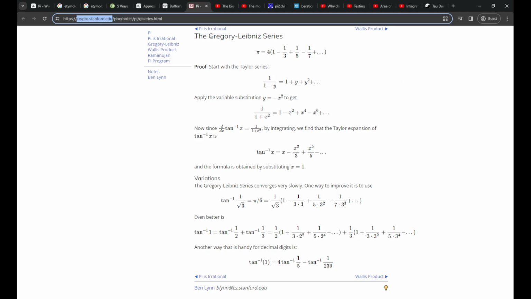So here's the Gregory-Leibniz series formula. And it starts with the Taylor series. I remember hearing about the Taylor series and the Taylor expansion, but I've forgotten what that means. And this is, in my opinion, the easiest way of calculating pi. And we'll get into that one a little bit later.